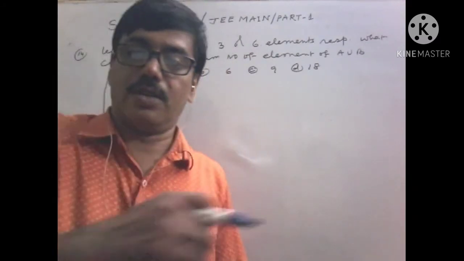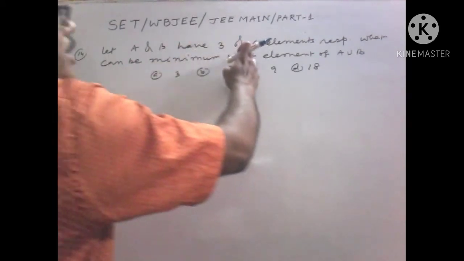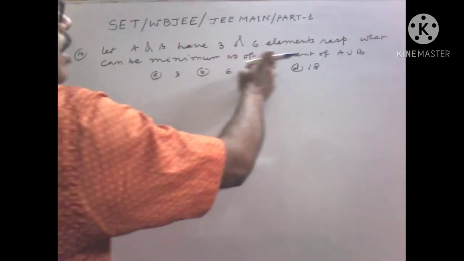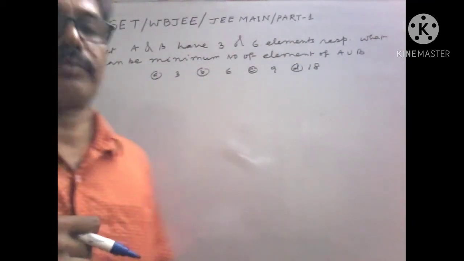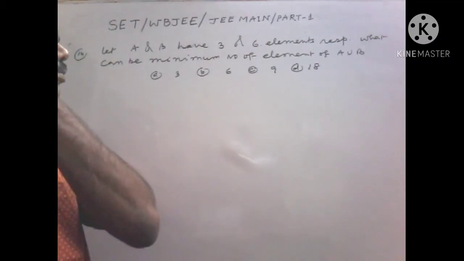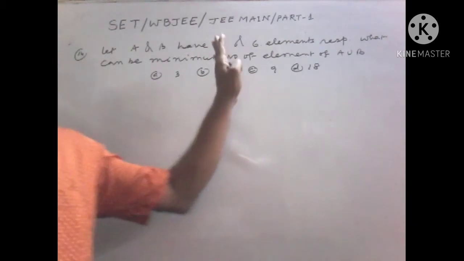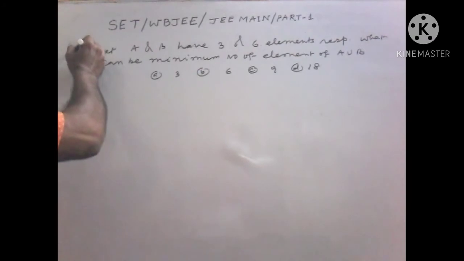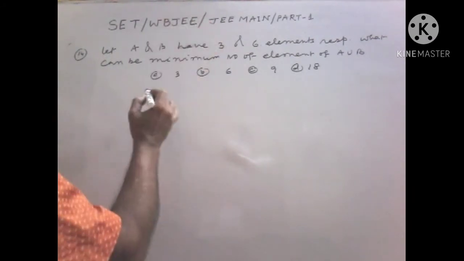Now consider one more problem. A and B have 3 and 6 elements respectively. What can be the minimum number of elements of A union B? So we have already solved this problem, problem number 1 today. Now look at it again.